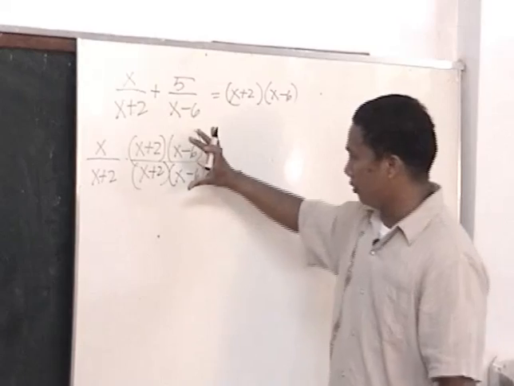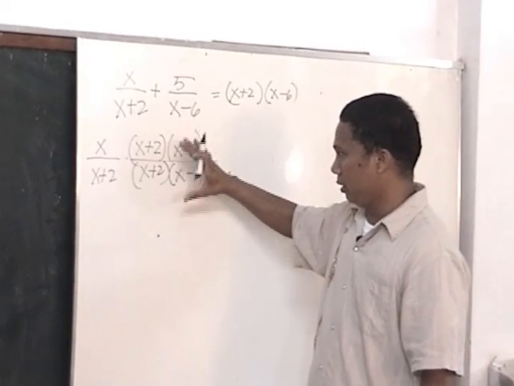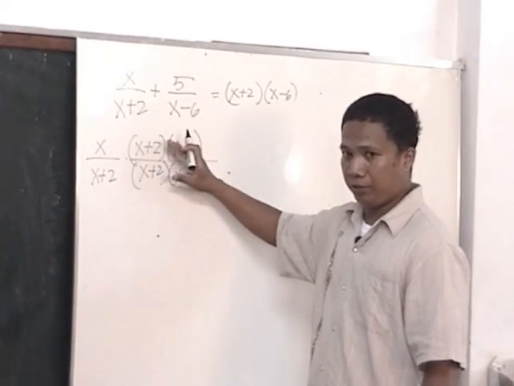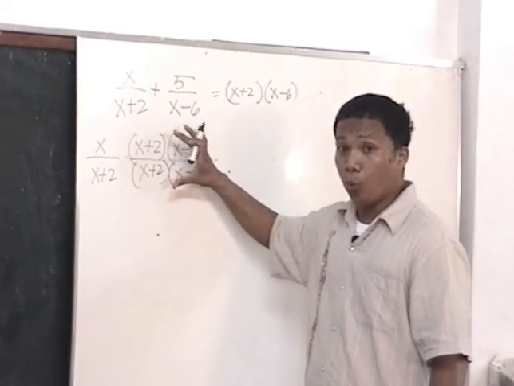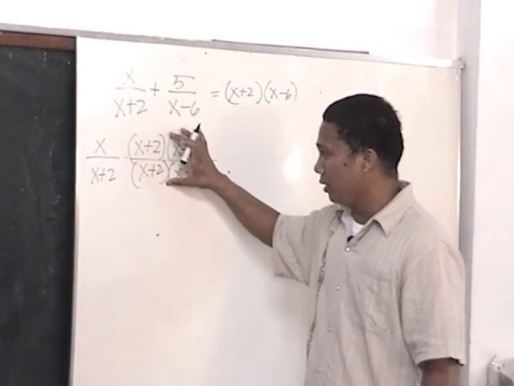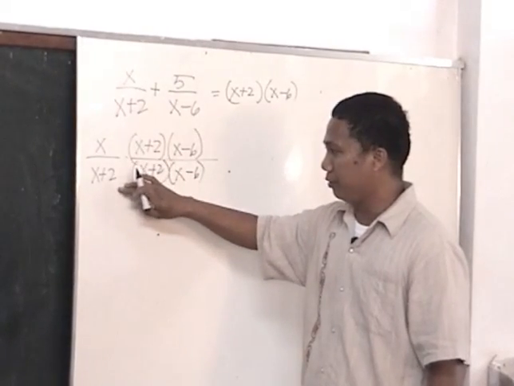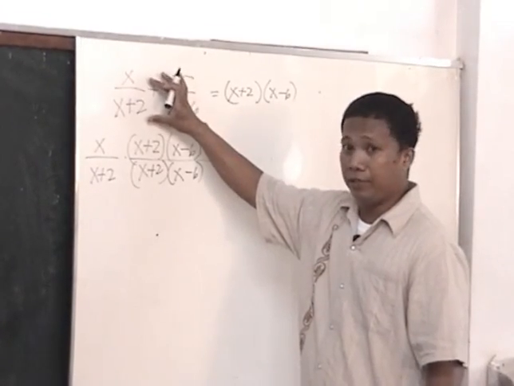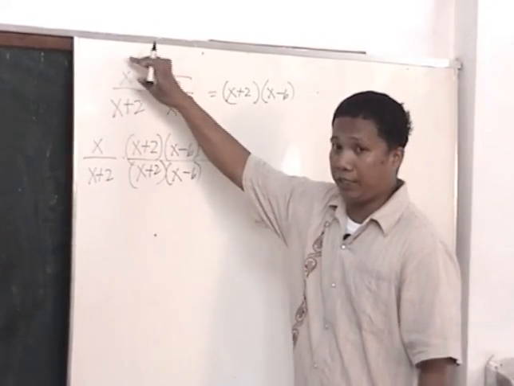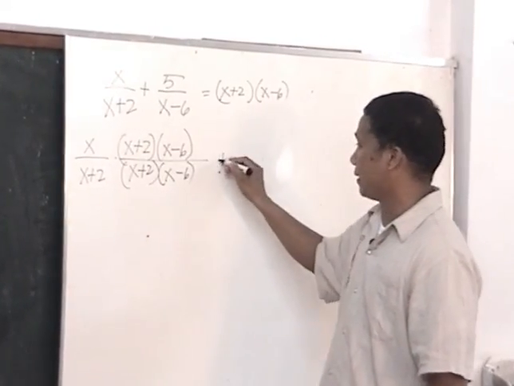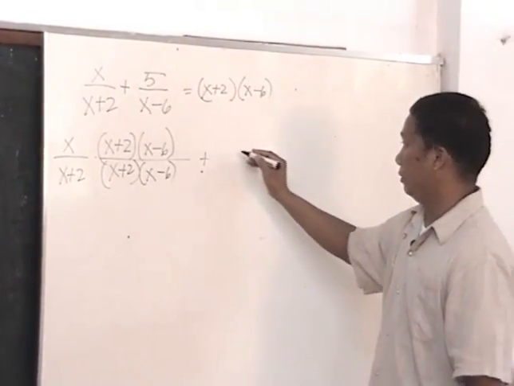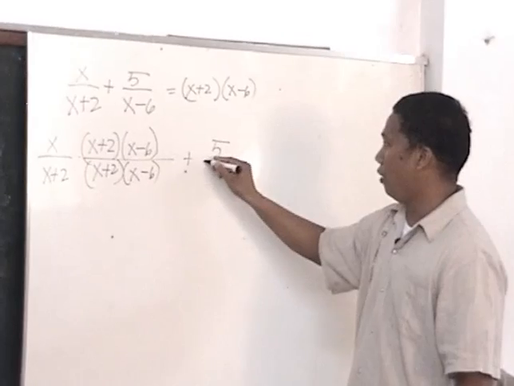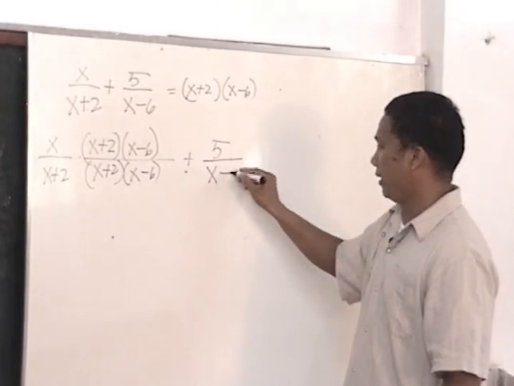Why? It is because these two given values on the numerator and the denominator are equal to 1. So if you multiply 1 times x over x plus 2, you will result in the given value in the first expression.